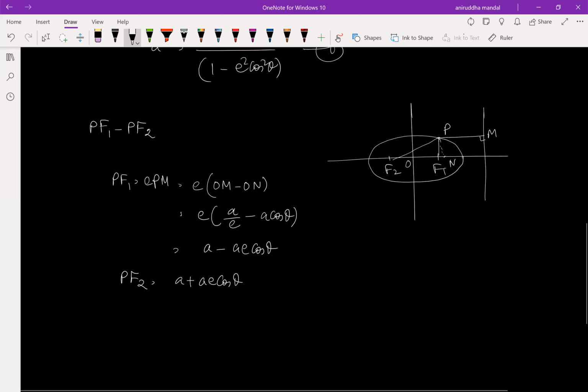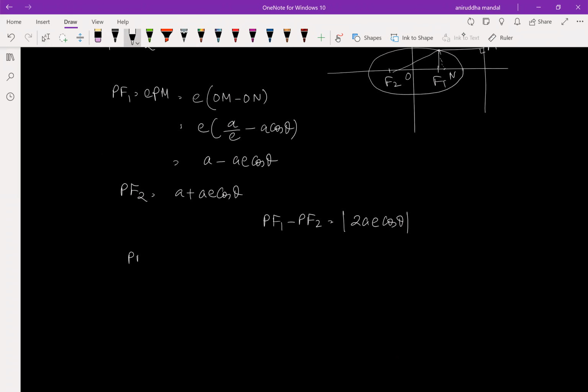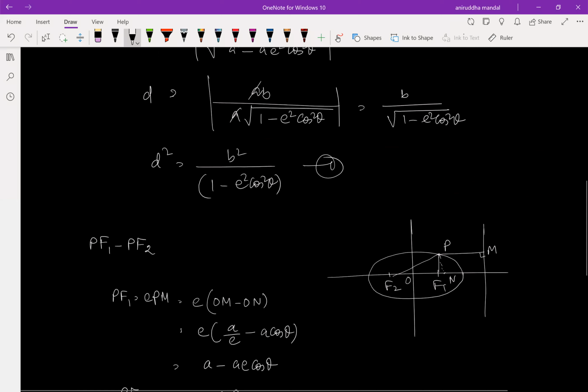So pf1 minus pf2 is, this thing will get cancelled, 2ae cos theta. We take the mod sign because we have to take the square itself, so no problem with that. So pf1 minus pf2 whole square equal to 4 a square e square cos square theta.